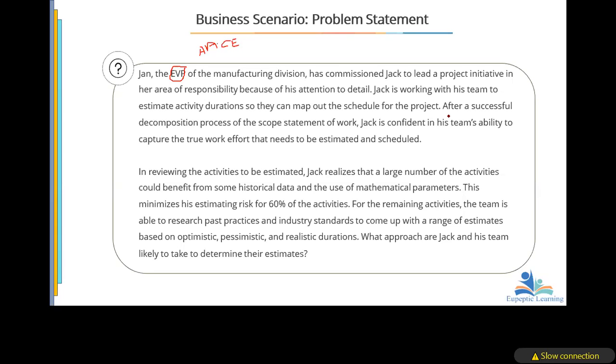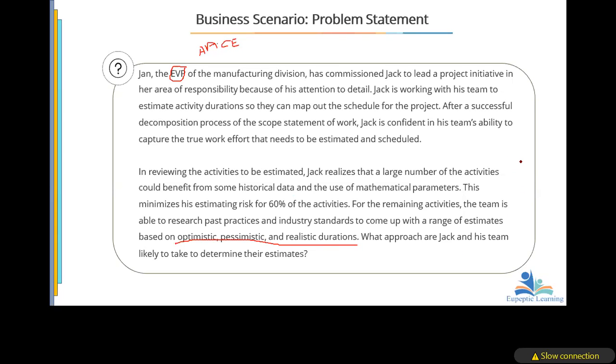For the remaining activities, the team is able to research past practices and industry standards to come up with a range of estimates based on optimistic, pessimistic, and realistic duration. What is that? The 3-point estimating. Very good. It is under what we call PERT, P-E-R-T.